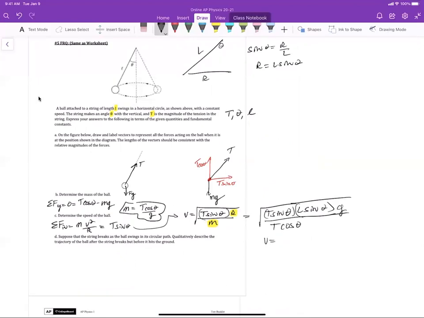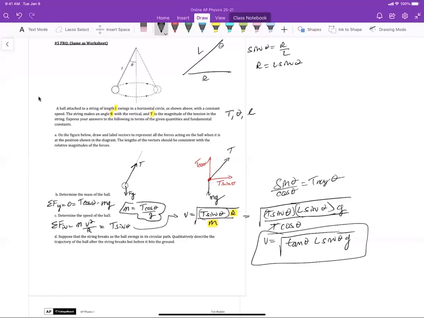So velocity is equal to, T's cancel, one of those sine theta, so again, sine theta over cosine theta equals tangent theta. So tangent theta L sine theta over g. There's your answer to C.